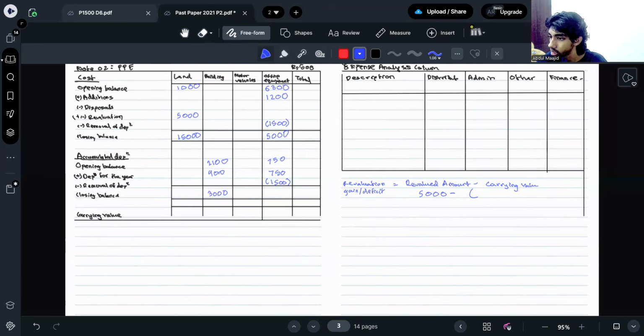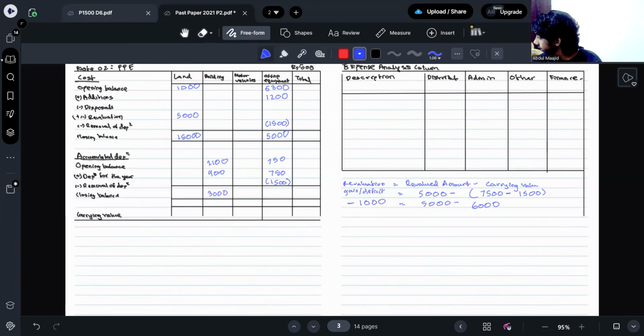We purchased the new office equipment worth 1,200,000. Totally the cost is 7,500,000. Minus the accumulated depreciation is 1,500. So 5,000 minus the carrying value will be 6,000. There is a deficit of 1,000.